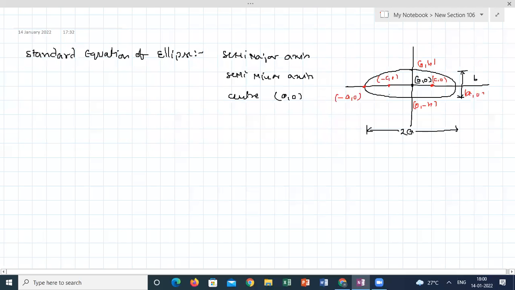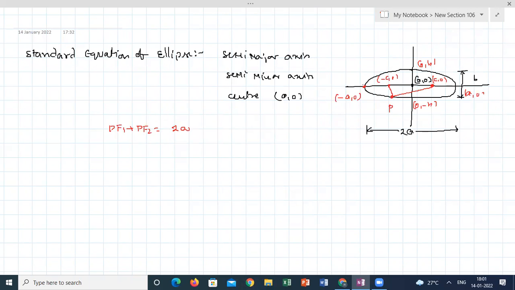I'm taking any particular point P here. So according to the definition, PF1 plus PF2 must be equal to 2a. Do you agree? Yes, sir.